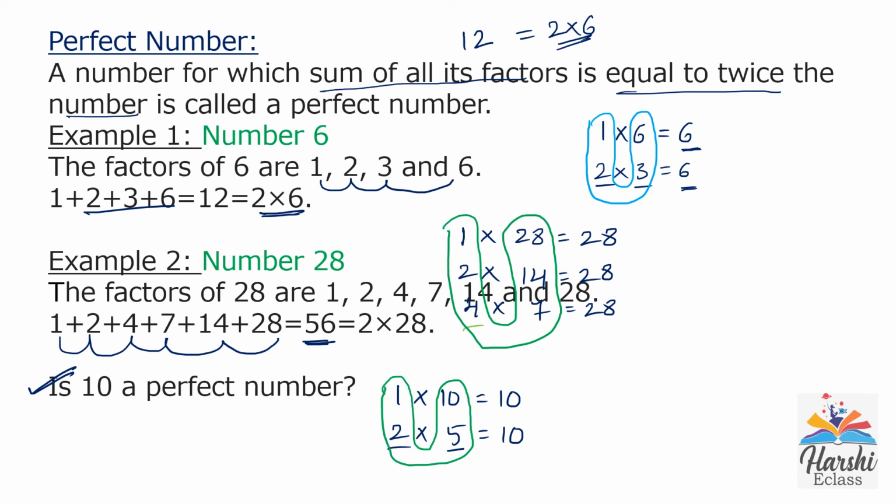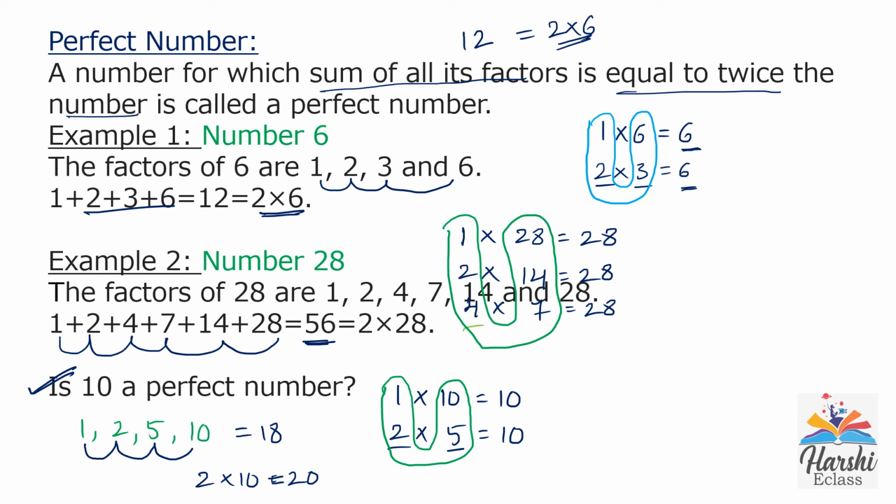These numbers are the factors of 10: 1, 2, 5 and 10. Sum of all these numbers is 1 plus 2, 3, 3 plus 5, 8, 8 plus 10 equals 18. Sum of all its factors is 18. Now, twice the number: 2 tens are 20.